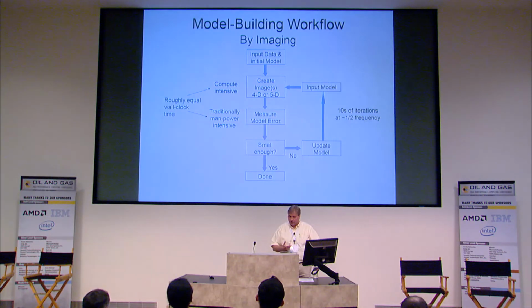which typically has been manpower intensive on the update side, but compute intensive for the imaging. And typically what we've done is do tens of iterations of this loop at something like half the maximum frequency, perhaps.